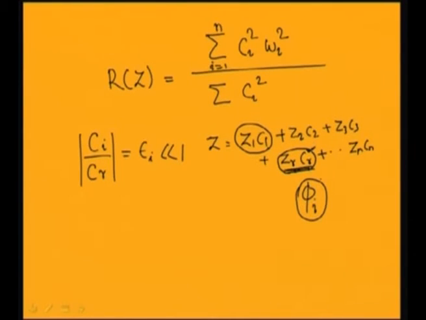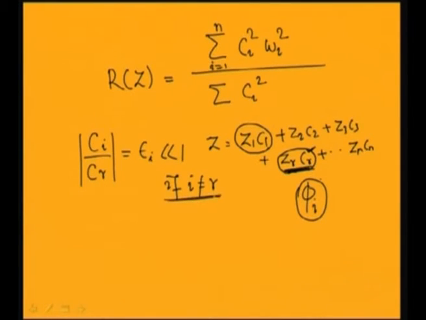As the Cr term will be large, Ci by Cr we can write equal to epsilon i, as this Cr is a larger term.